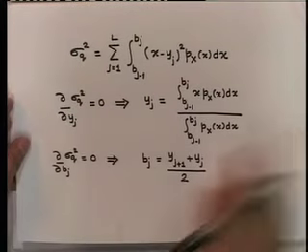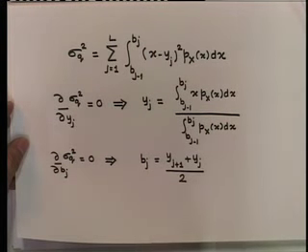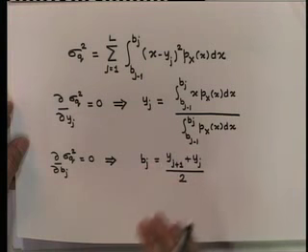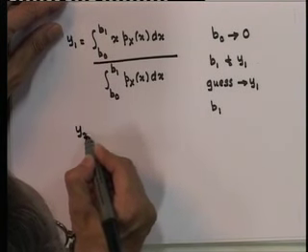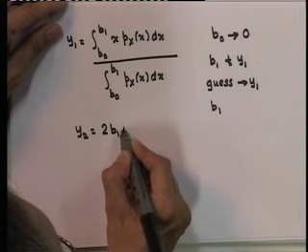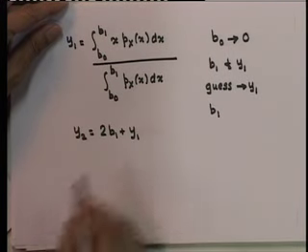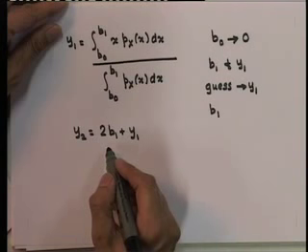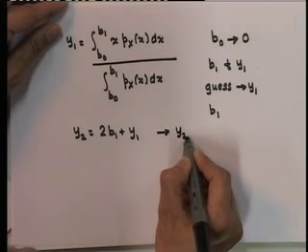Now, setting j equal to 1 in this equation and rearranging the terms slightly, we get y_2 is equal to 2 b_1 minus y_1. So, from this we can compute y_2.